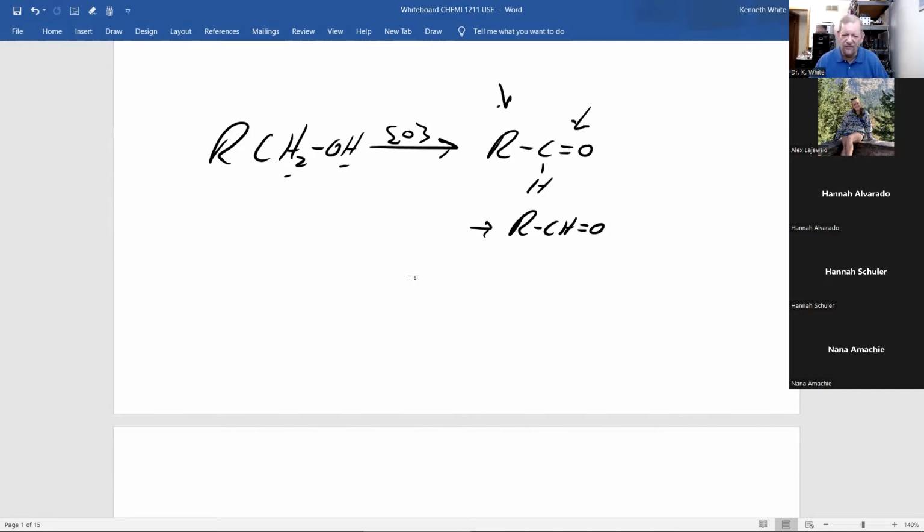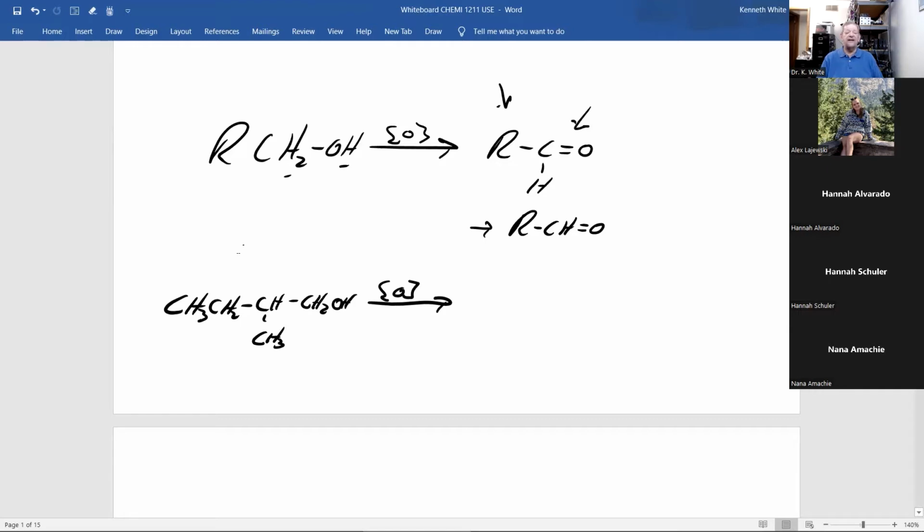So we did one or two. Let's do an example, or you'll do it. I already did one yesterday. And O in a bracket means oxidation reagent, like potassium permanganate, sodium dichromate, or potassium dichromate, to name a few.